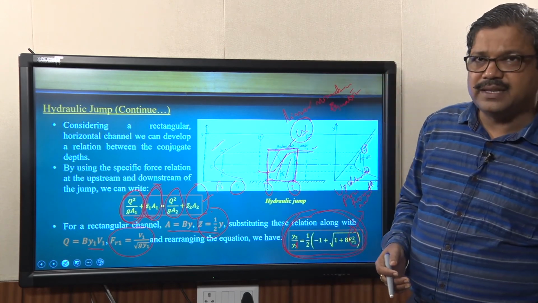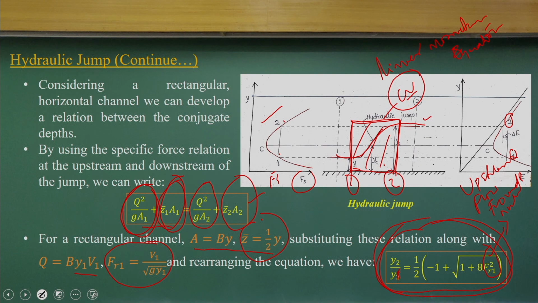These are very easy things, and whenever you solve flow problems, for steady flow problems, we should draw the specific force diagram and also the specific energy diagram.